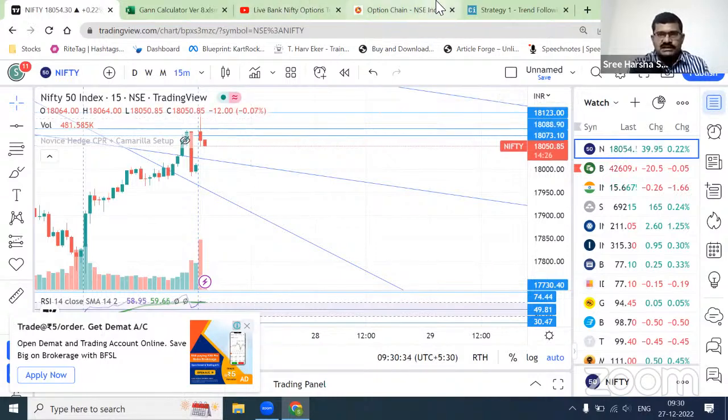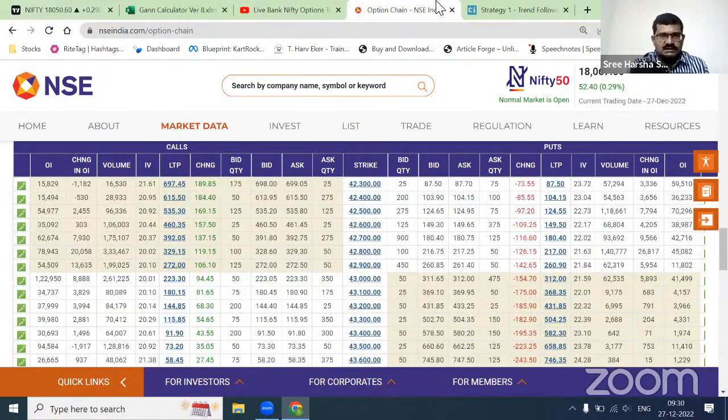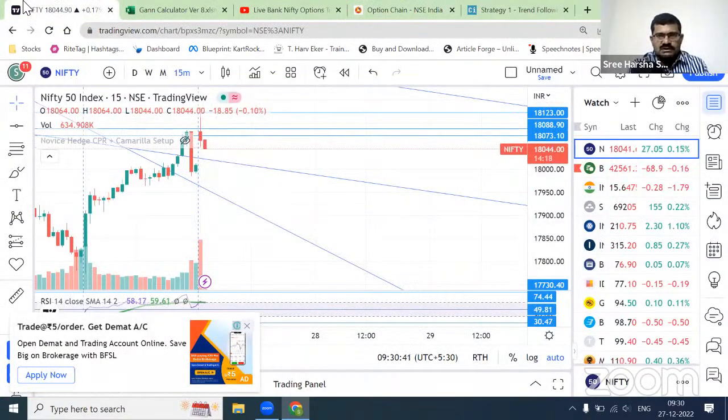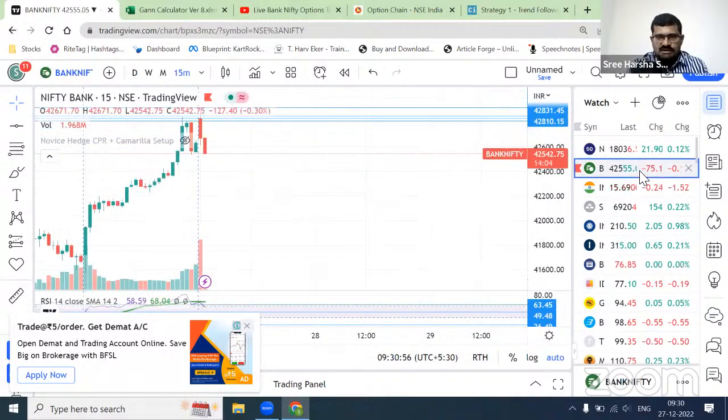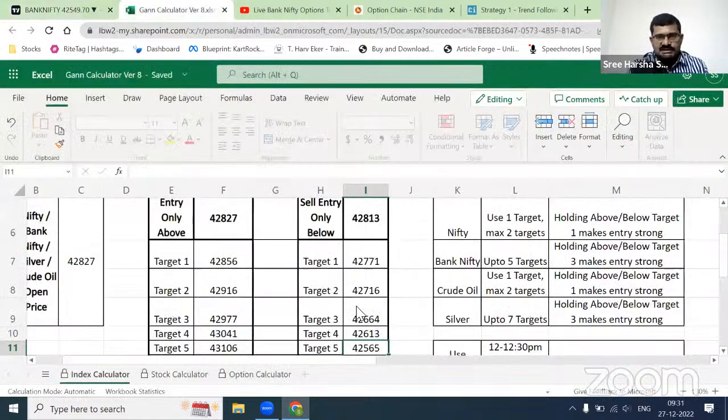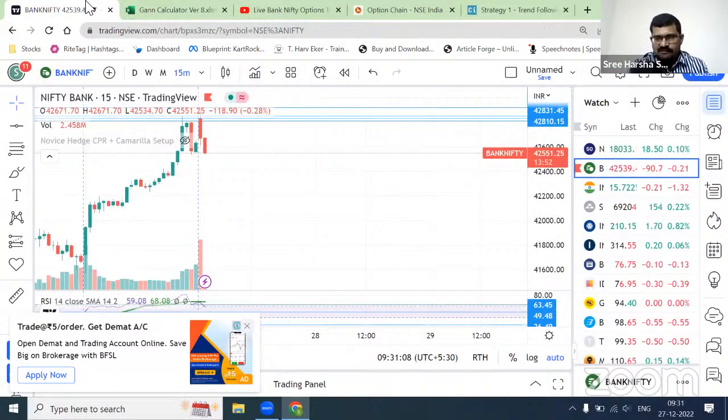Okay, let's see what's happening in the other things. Currently, I will just wait. So this is a very important trend line. Okay, it needs to come and take support here. So let's see. From our GAN calculator, if you see, all these targets are done. So if it continues to go below this, then it is going to become negative.